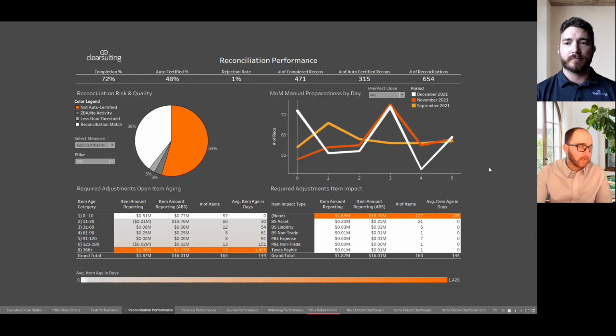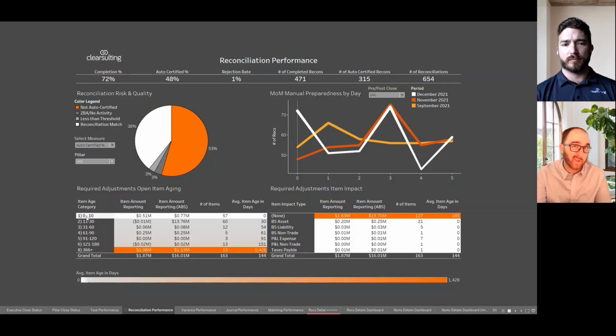I think lastly here, reconciliations tend to be pretty multi-dimensional, with lots of things to look at. When we think about open items within an account reconciliation, particularly those that require an adjustment, that tends to be a very key focus area and risk area that our customers, clients, and executives want to really understand. What we're showing here, in a pretty simple table but in a pretty impactful way, is just age buckets.